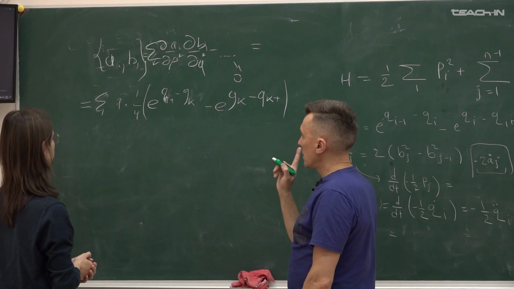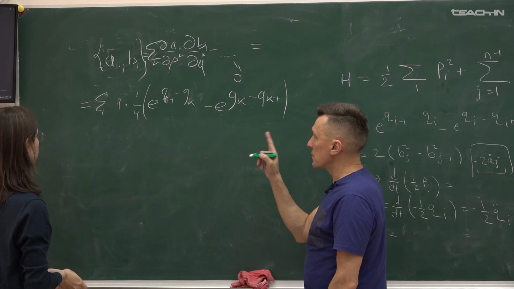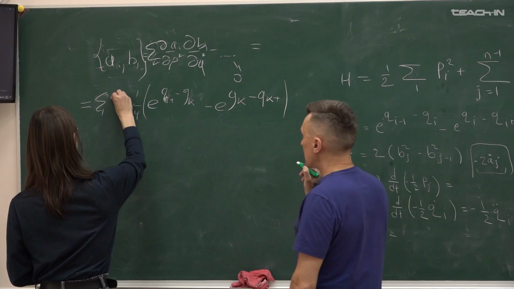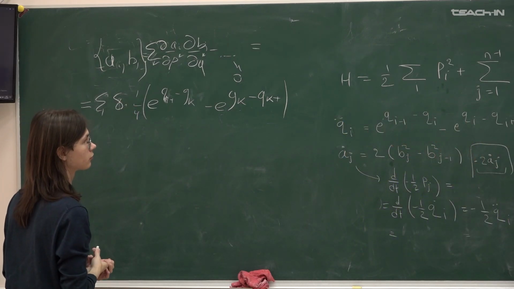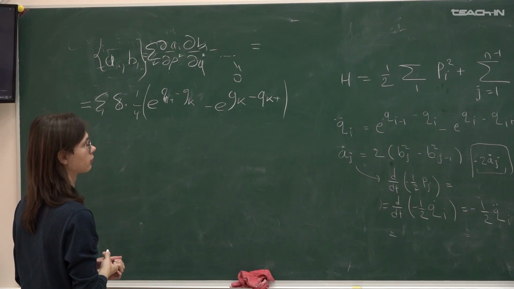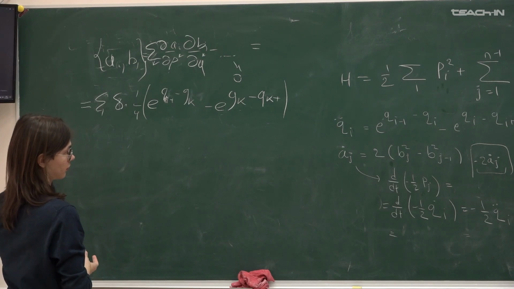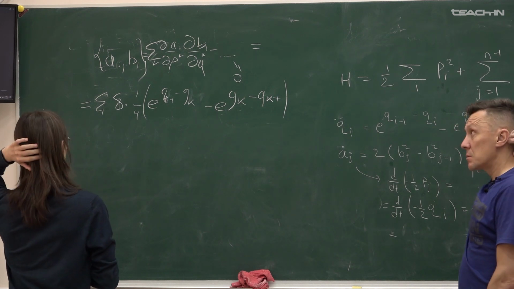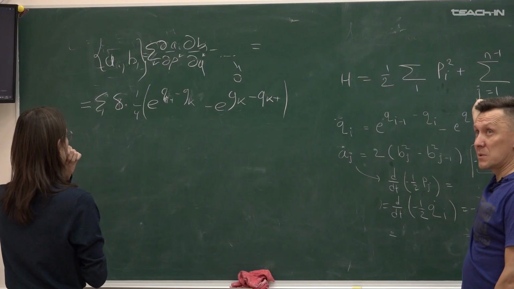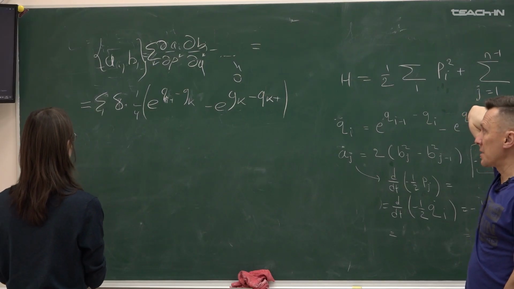There is a non-trivial term if j is equal to I, and if j is equal to I minus 1. For all other choices, it is trivial. How to understand it strictly?